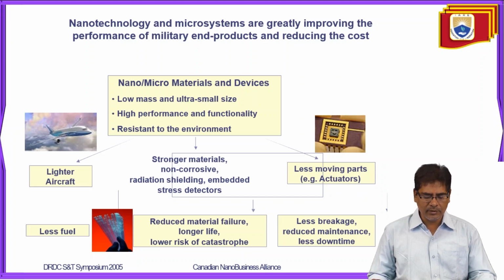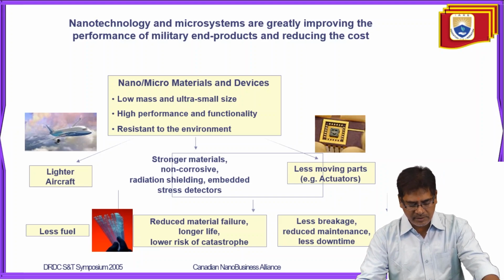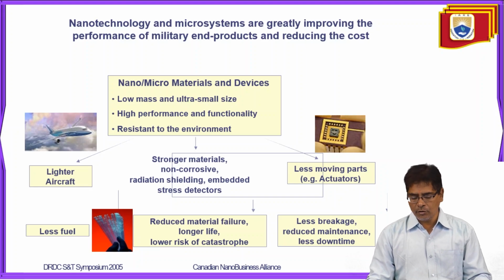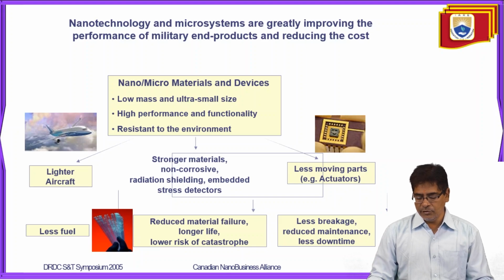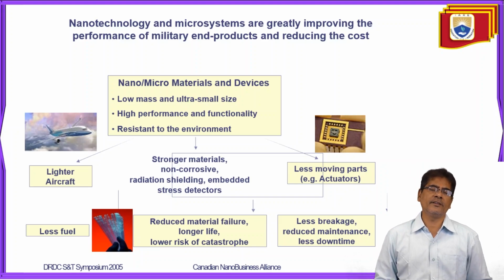So we have lighter craft, stronger materials, non-corrosion, radiation shielding, embedded stress detectors, less moving parts, for example actuators, and less fuel. This means reduced material failure, longer life, lower risk of catastrophe, less breakage, reduced maintenance, and low downtime. This is how these applications have been incorporated using nanotechnology.